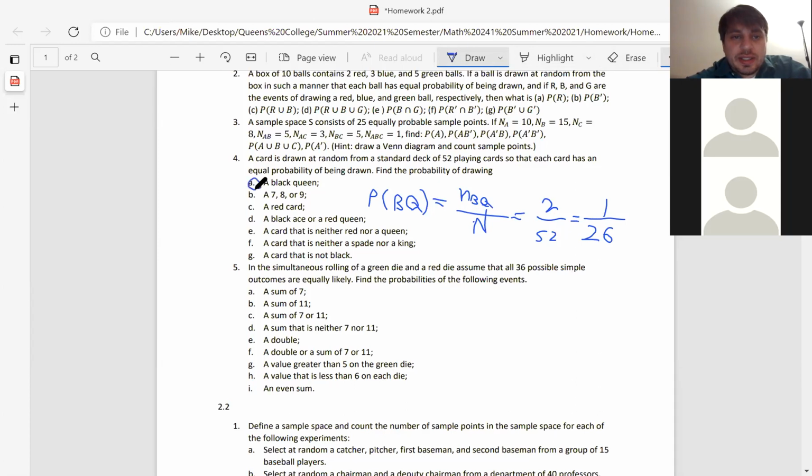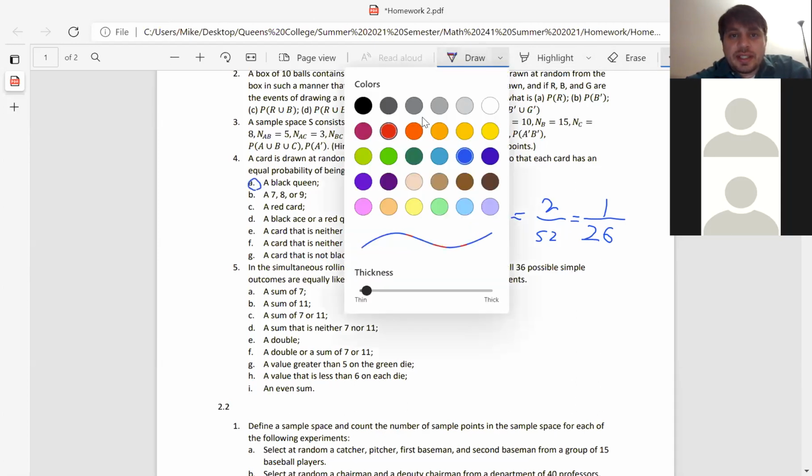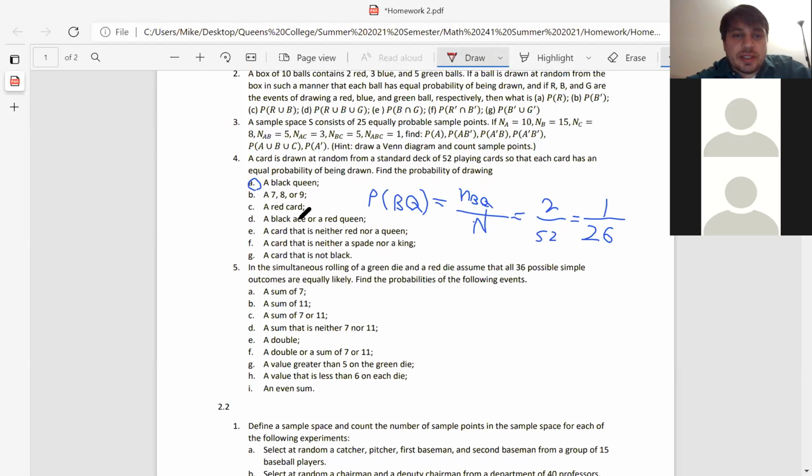That's A. And then if we look at the probability of a black ace or a red queen, that's this event. How many black aces or red queens are there?